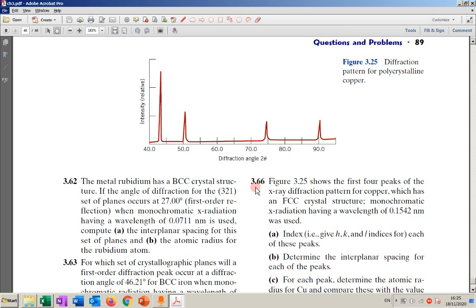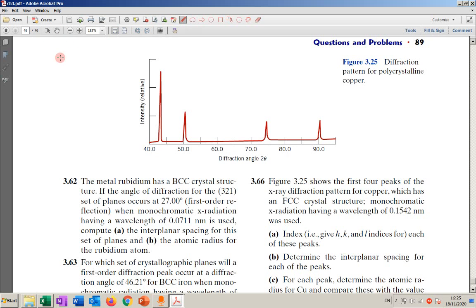Now if you don't know the crystal structure, you will not know the pattern of the Miller square summation of the Miller indices. You don't know that. So if you don't know the pattern, you will not be able to find the plane. In order to find the crystal structure, the only thing that is related to it is the sum of the square Miller indices.